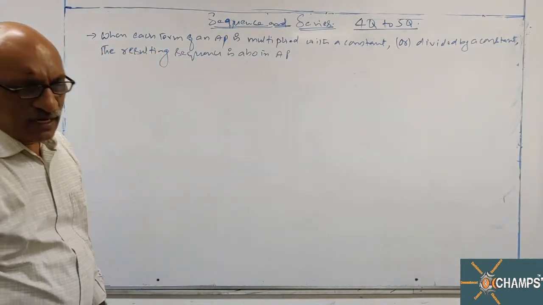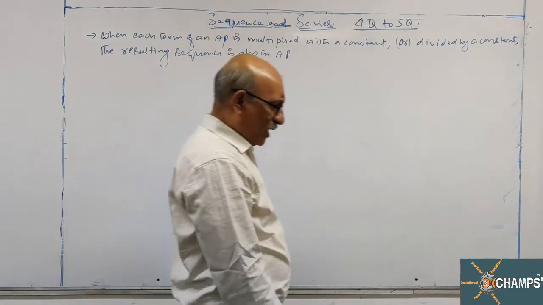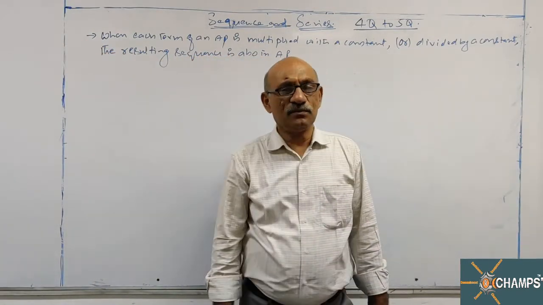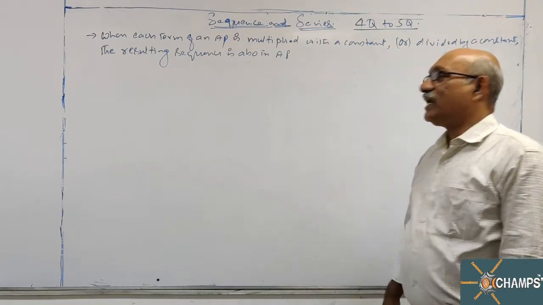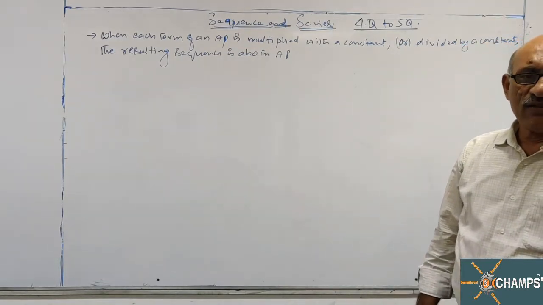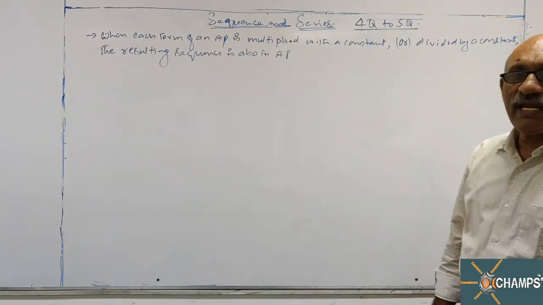When each term of an arithmetic progression sequence is multiplied with a constant or is divided by a constant, the resulting sequence is also in AP.